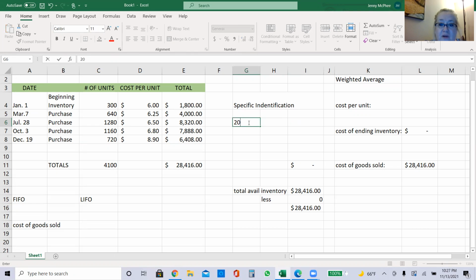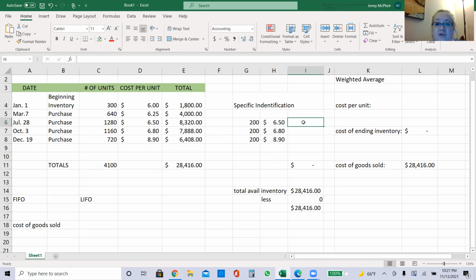We had 200 at 650. And then we had 200 at 680. And we had 200 at 890.